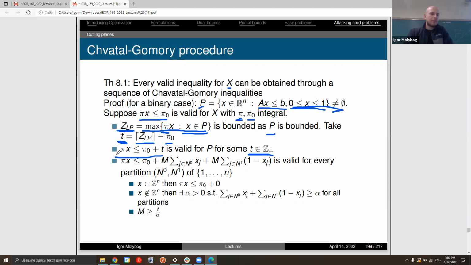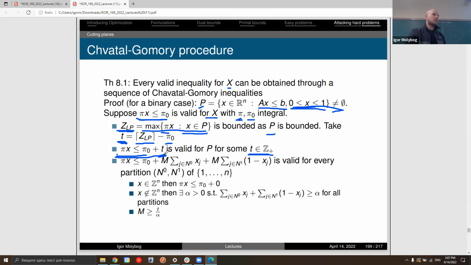It's simply a consequence of the fact that we assume that pi X less than or equal than pi 0 is a valid constraint for X, but it doesn't have to be a valid constraint for P. Therefore, we have to have this T over here, right? We wouldn't be able to just say that it's valid for P itself. Is that something that I need to talk about a bit more?